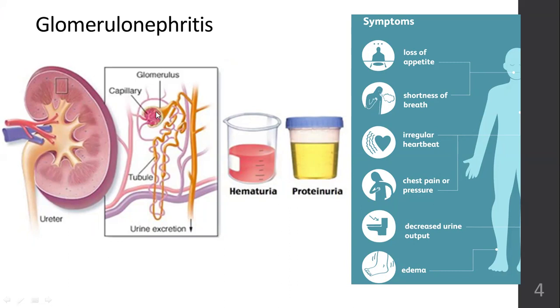Glomerulus is a part of the nephron. So, if there is any inflammation that takes place in the glomerulus, we call that disease condition glomerulonephritis. Okay, and there are two main signs and symptoms for this: hematuria and proteinuria, blood in urine, protein in urine. Okay, these are the two main signs of glomerulonephritis.